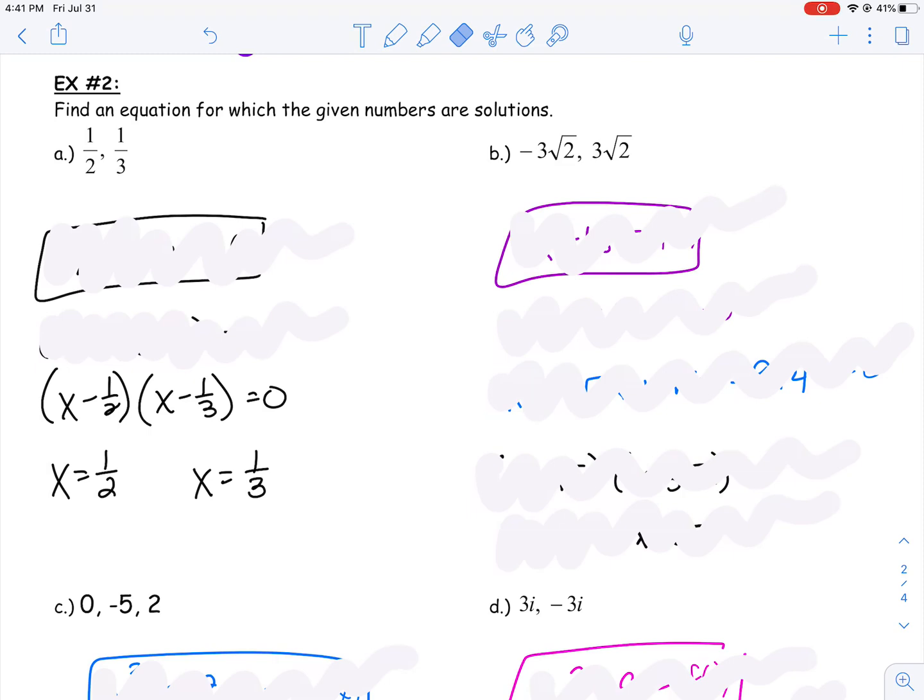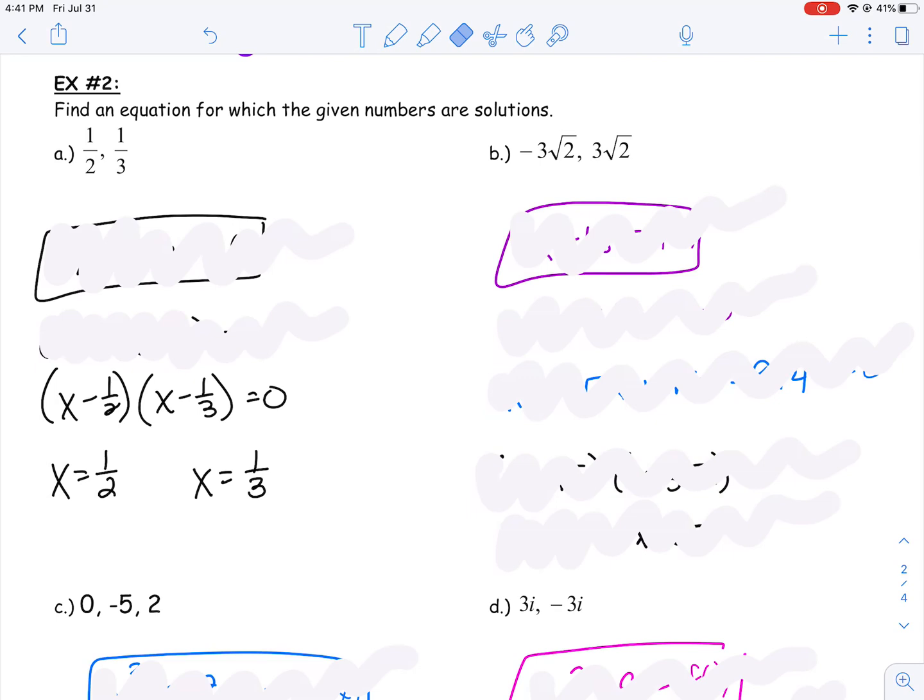Because when I set that x minus 1/2 equal to 0, it gives me the opposite because I would have to add it to both sides. So I could really say that the step before x equals 1/2 and x equals 1/3 is x minus 1/2 times x minus 1/3 equal to 0, right?